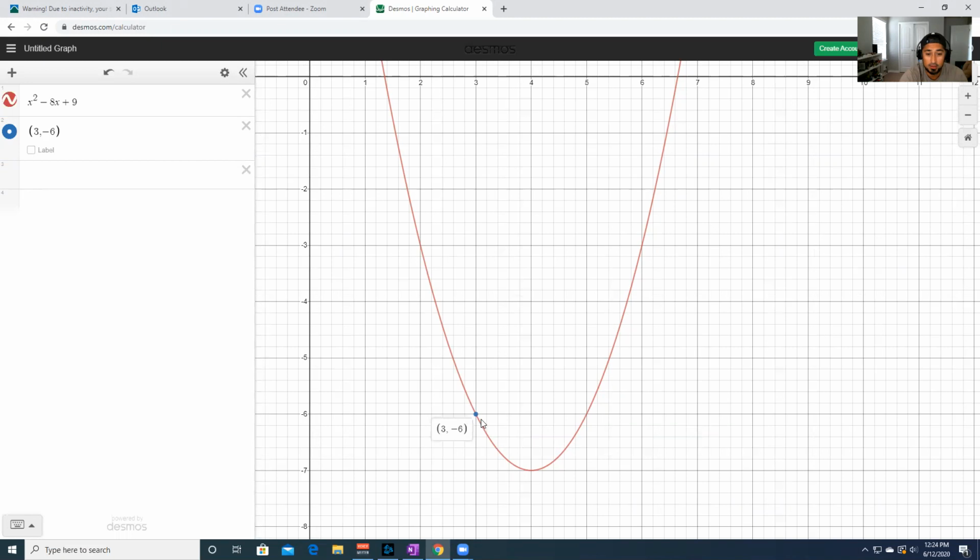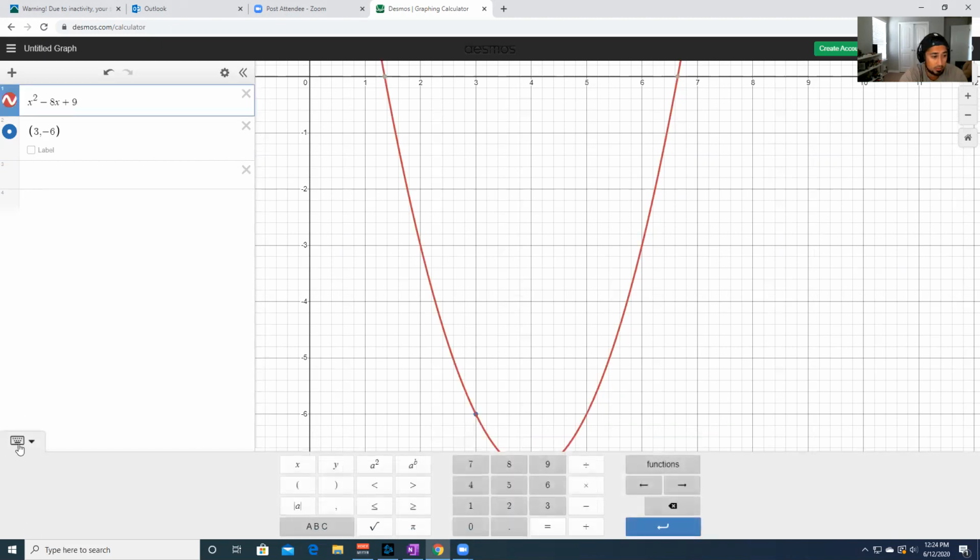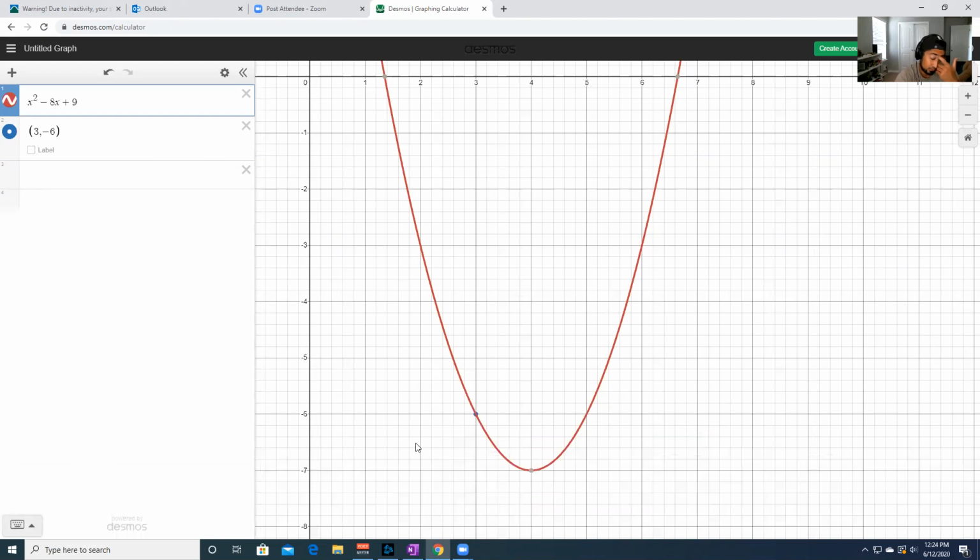I wonder if it can do that. I don't know Desmos well enough to do it. Okay. The next thing we found was that our tangent line was y equals negative 2x.